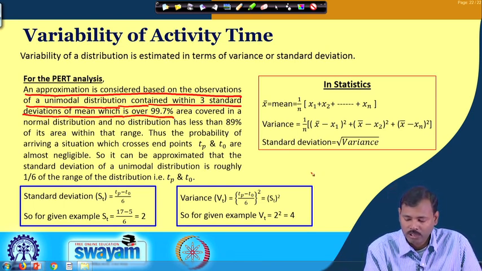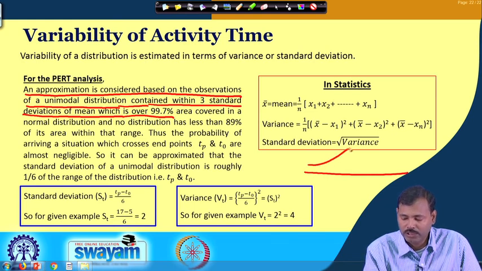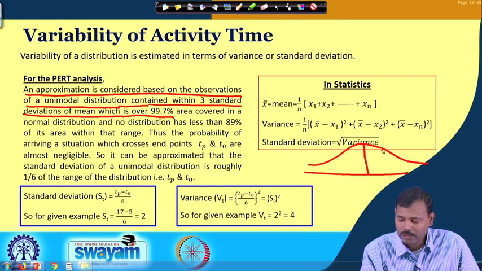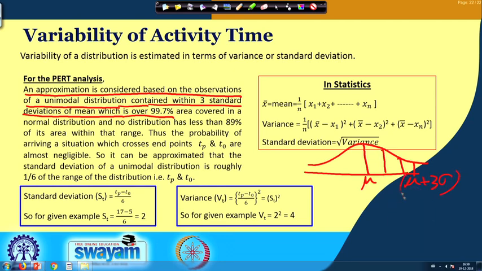That means, if your distribution is ranging like this and this is your mean, mu, then if you go up to mu plus 3 sigma in both directions, you are covering 99.7% of the area within this zone if you are considering a unimodal distribution.